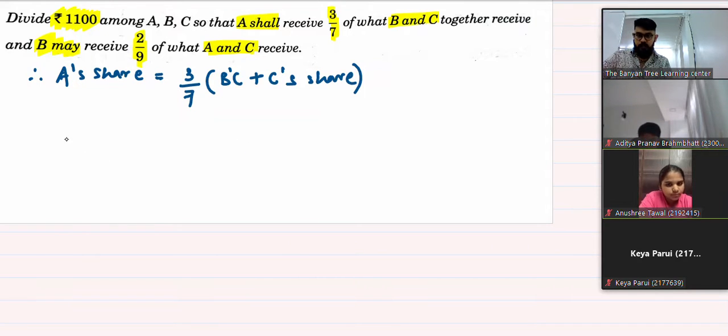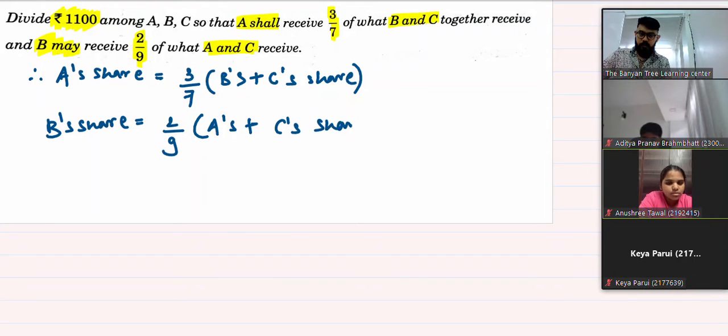And B's share is equal to 2 by 9 times A's plus C's share. ठीक है.